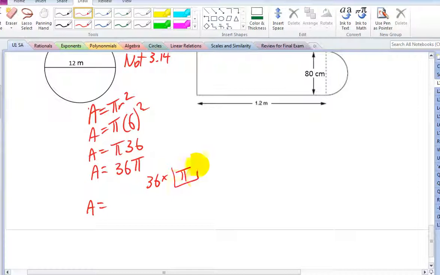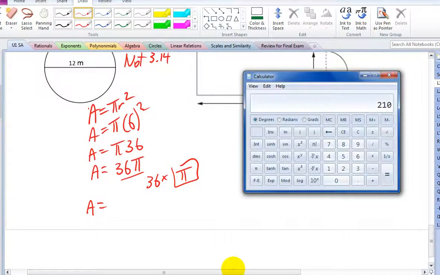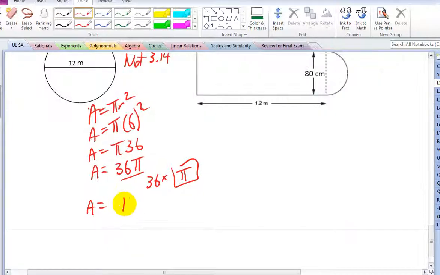Some people can even just go 36 pi on the calculator, and it automatically multiplies it. So 36 times pi equals 113.097. Let's round to the nearest tenth. So our final answer will be 113.1 meters squared.